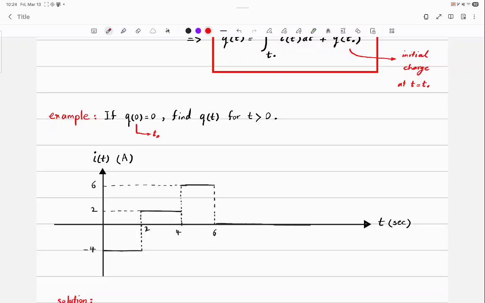Can I just set some reference for my circuit? Will that be a problem? No. What do you call a reference in an electrical circuit? Ground, right? I should have said earth.